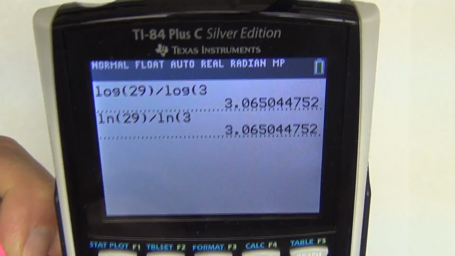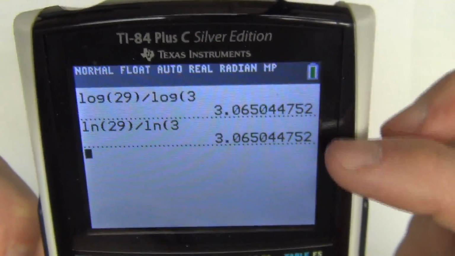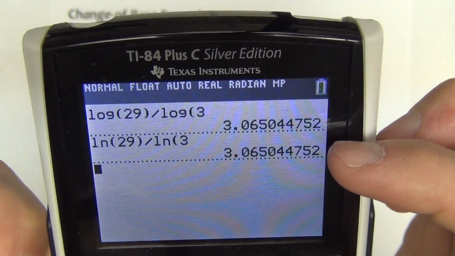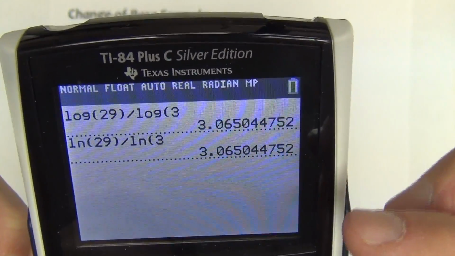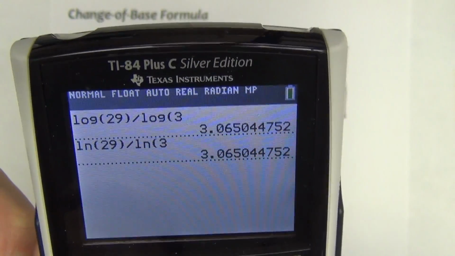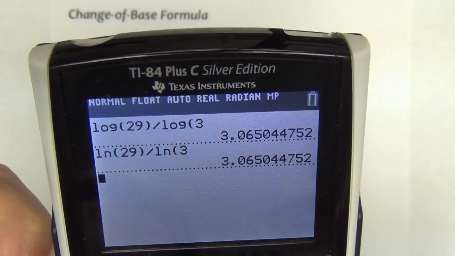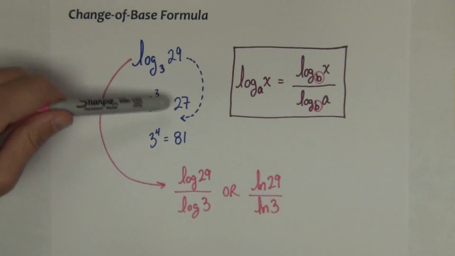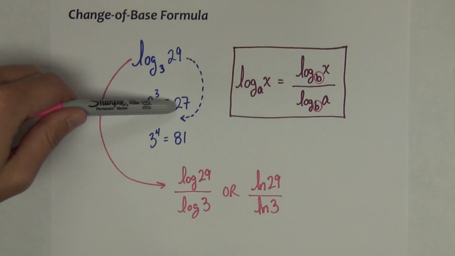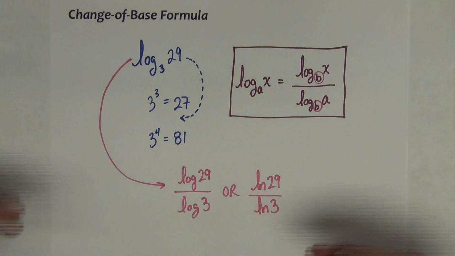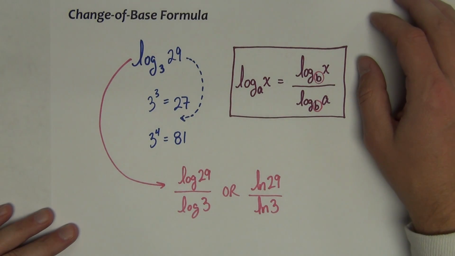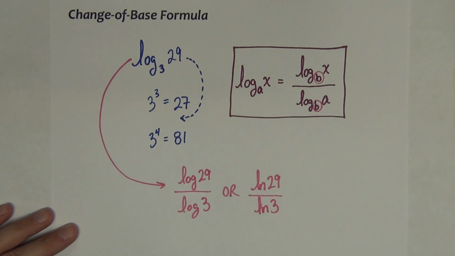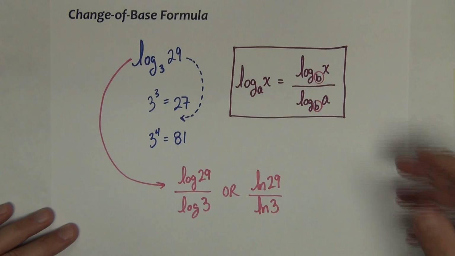It doesn't matter which base you change to. Same value either way. And that value falls in line with what I would estimate the answer to be. Just a little bit bigger than 3, and that's what should have happened, because 29 was just a little bit bigger than 27. So this gives us a way to evaluate logarithms whose base is not on the calculator.